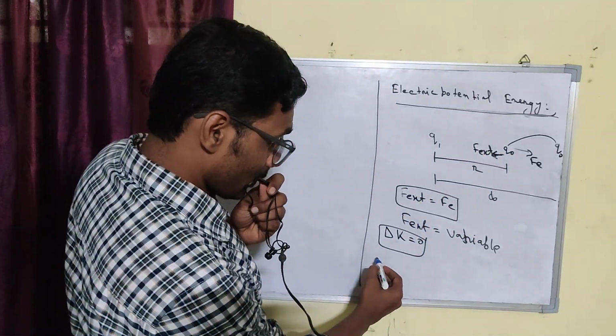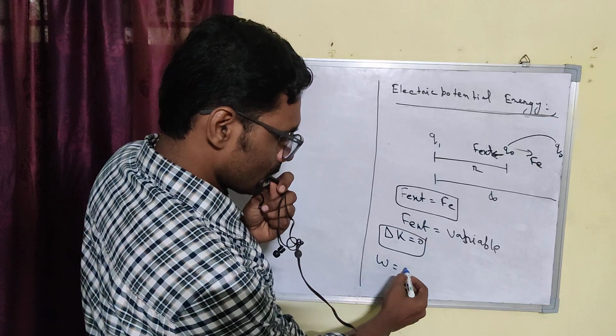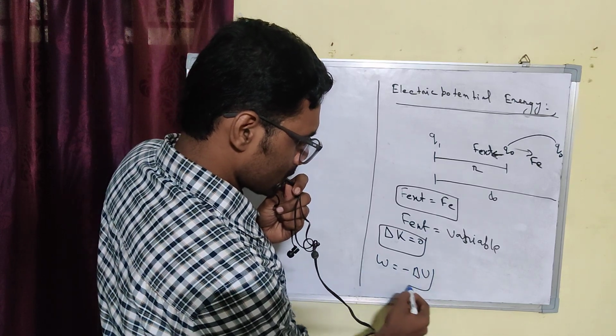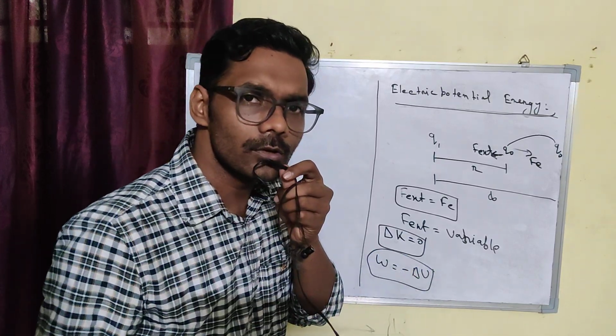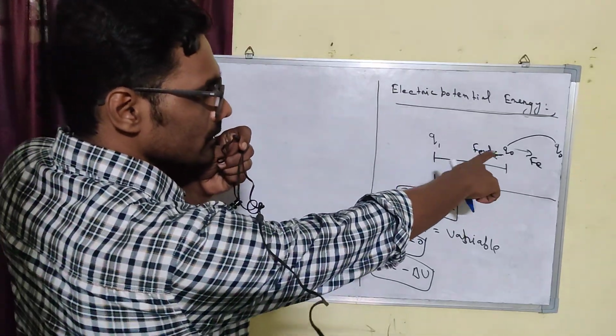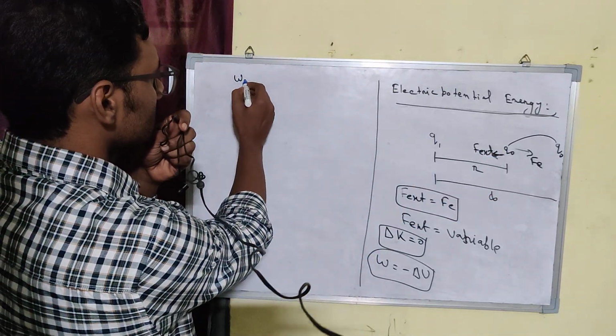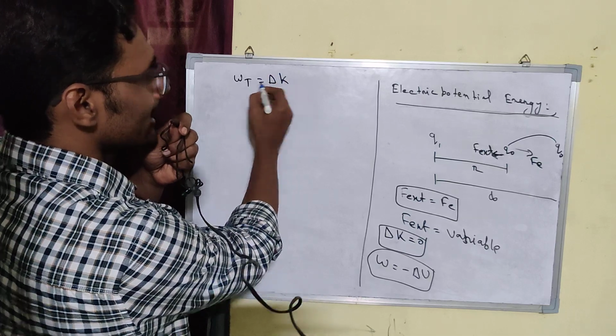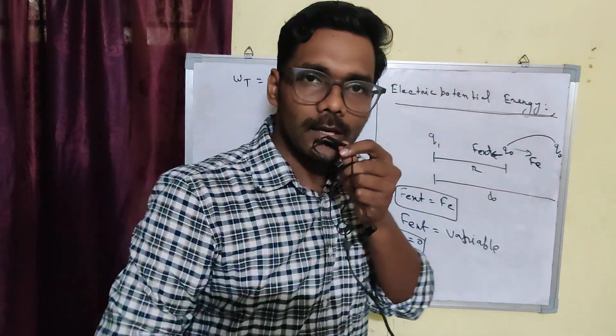And as we know, work done is equal to negative change in potential energy. This is what we know from the work-energy theorem. Here, total work done is equal to change in kinetic energy.